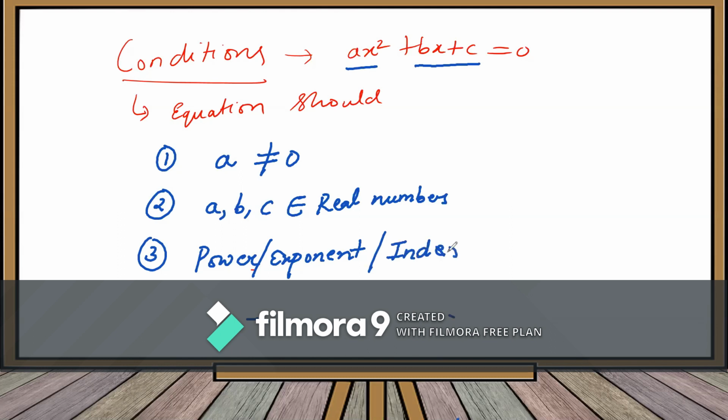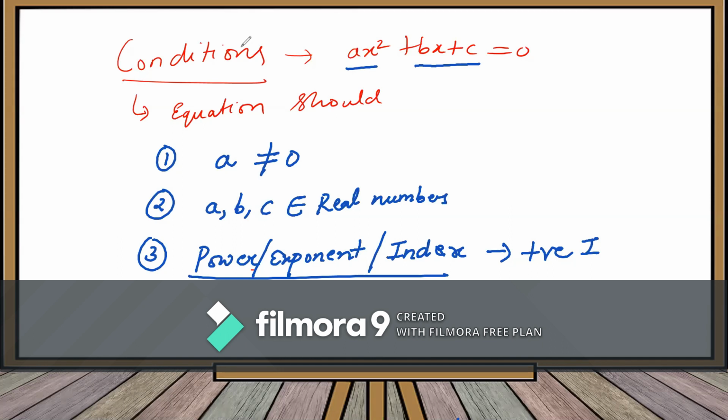The index of these numbers should be a positive integer. The exponent should always be a positive integer. So these are the three basic conditions for a given polynomial to be a quadratic equation.